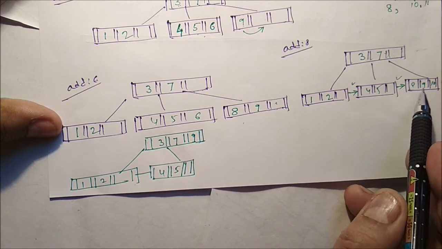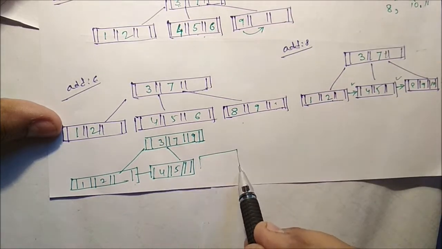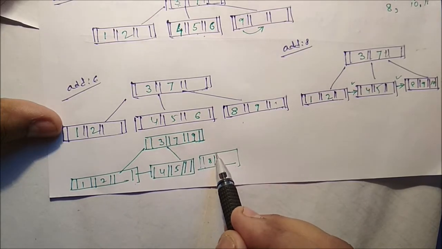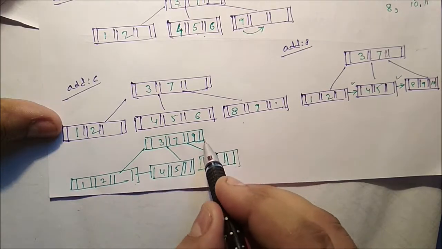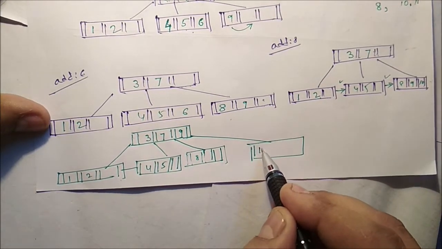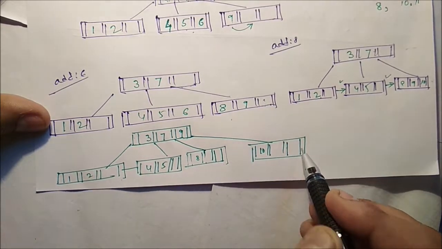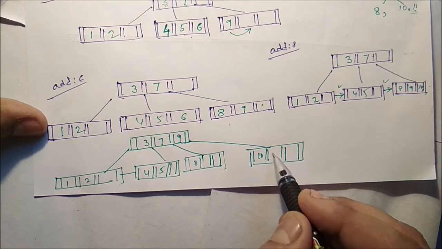After that it is 8, 9, we have to move 9 upwards, so only 8 must be present. And here 10 must be there, and after that we can insert 11, because we want to insert 11 here.